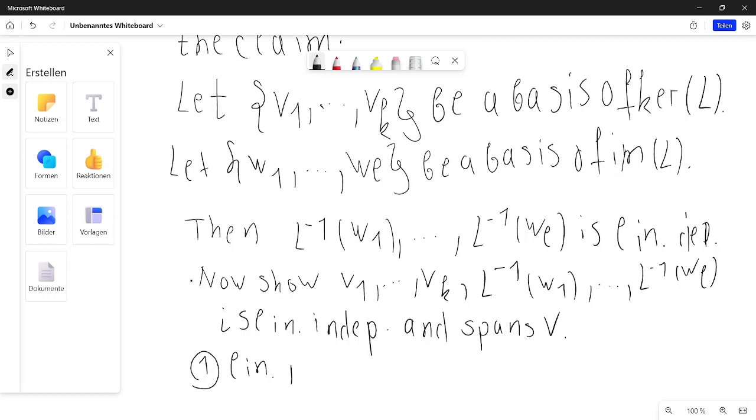Right, linear independence first. And keep in mind, if this is linearly independent, and this is linearly independent, it does not mean that together they are linearly independent. Very simple example: 1, 0, 0. A vector alone is linearly independent. And now 1, 0, 0 again.